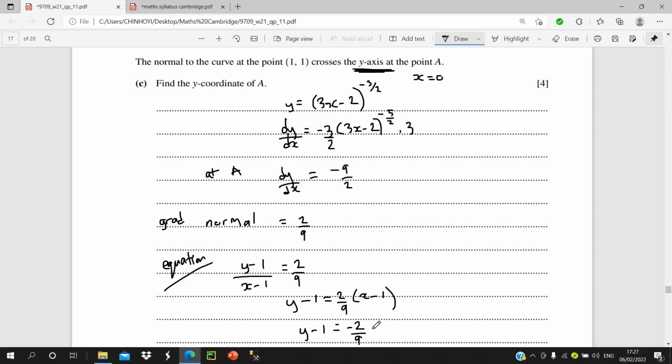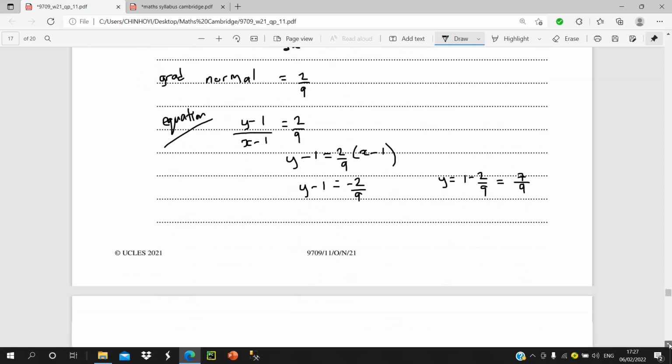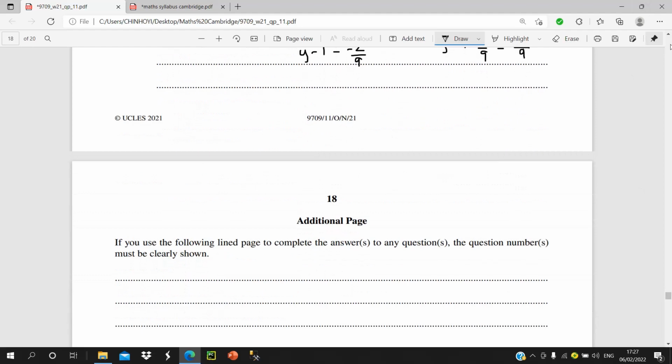Then if you take the minus 1 to the other side, you get y is equal to 1 minus 2/9, and you get 7/9. So the value of y, the y coordinate, is 7/9.